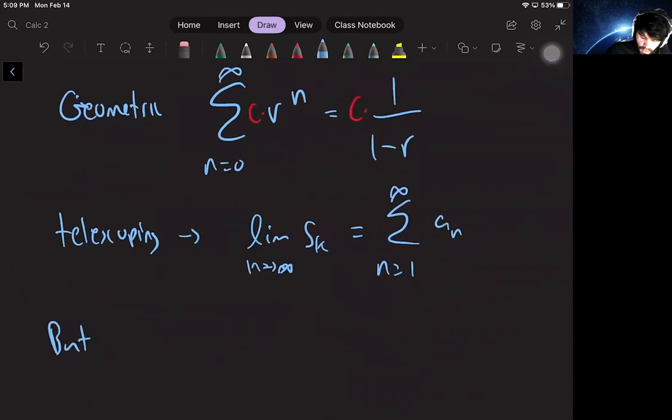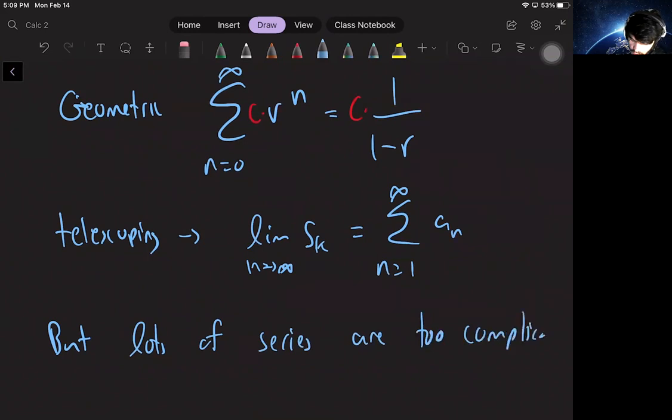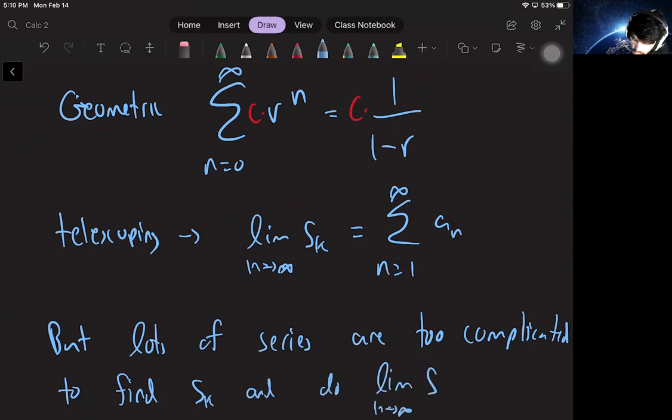But lots of series are too complicated. So we're going to learn lots of other tricks. They're too complicated to just find S_k, the partial sums, and do the limit. So we don't. We'd like to think of other tricks that will help us instead.